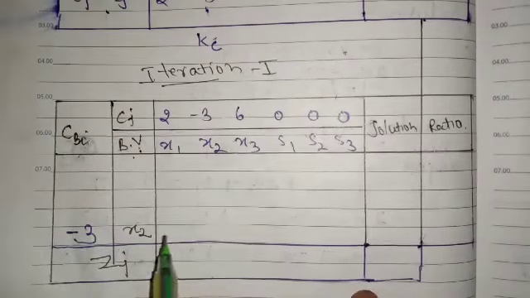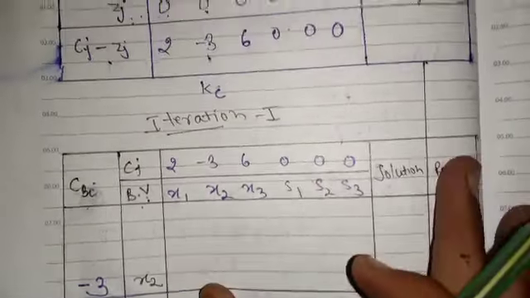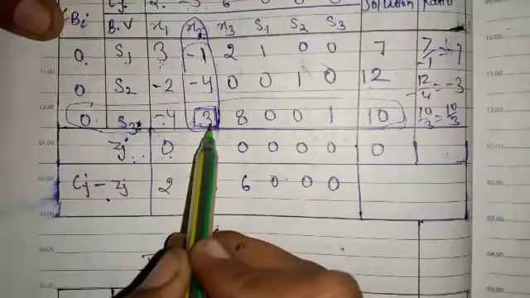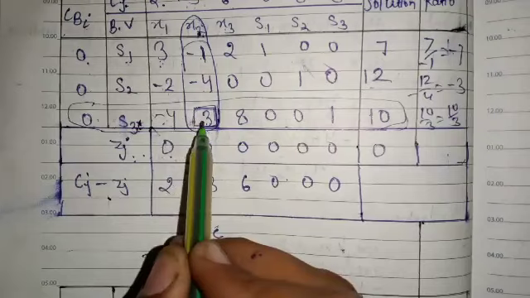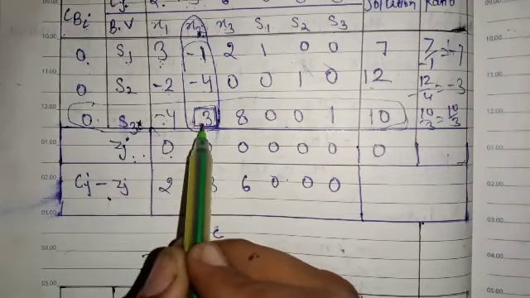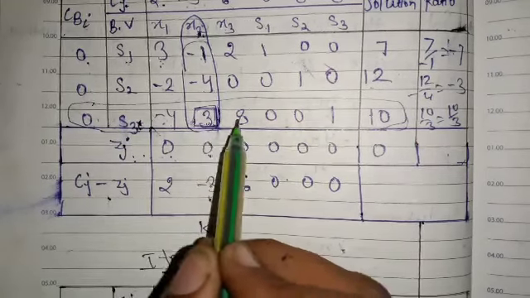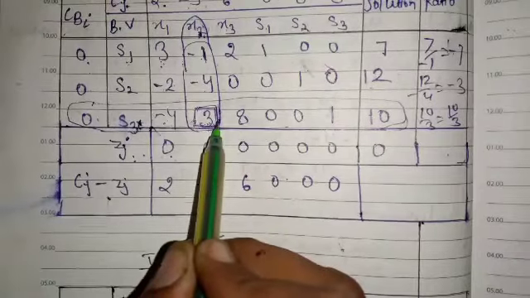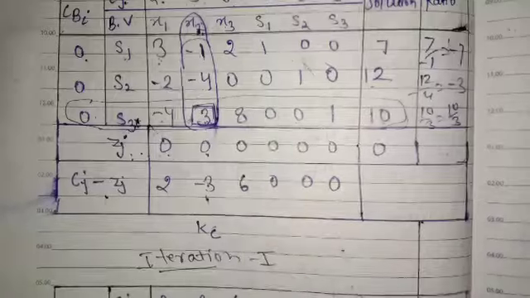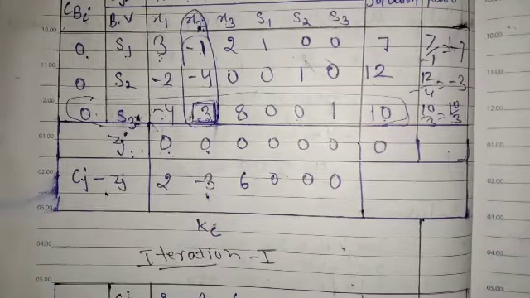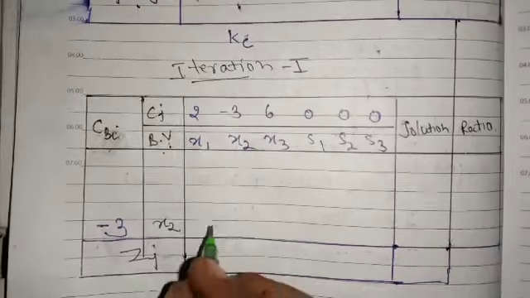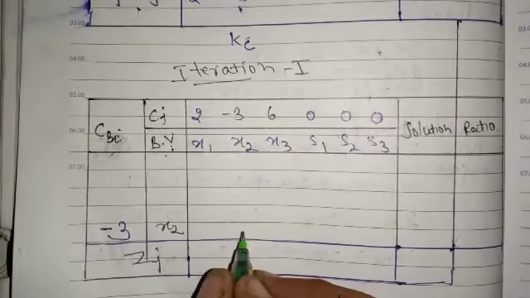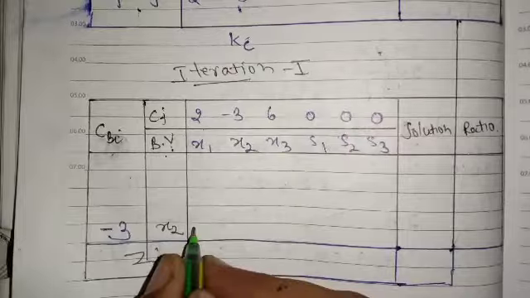Now for the new values of the entering variable, in the initial table there is a key element, so every element is divided by the key element. Minus 4 divided by 3, 3 divided by 3, 8 divided by 3, 0 divided by 3, 0 divided by 3, 1 divided by 3, 10 divided by 3. This is the formula to find the new values for the entering variable. 3 is our key element, and the old value is minus 4.